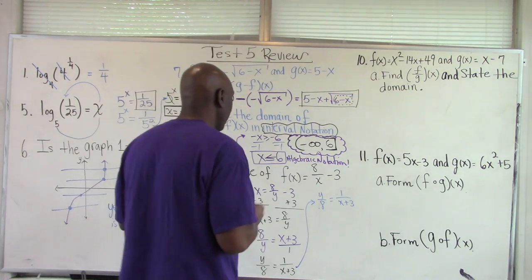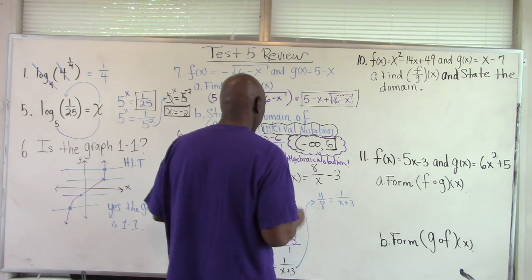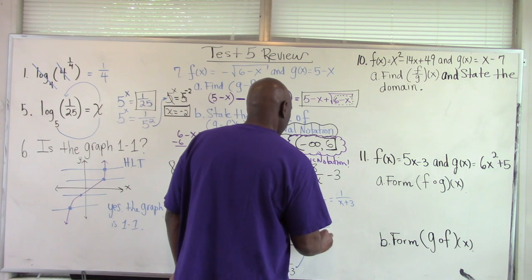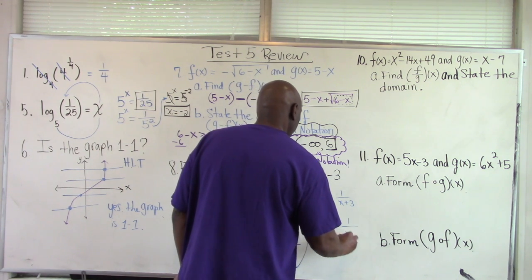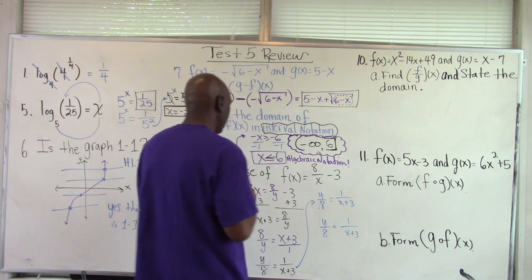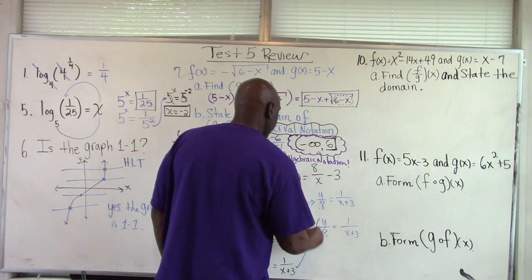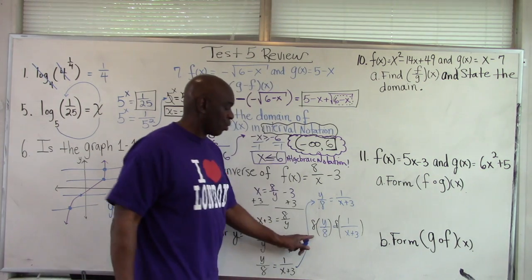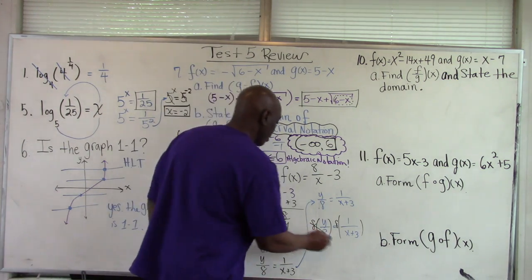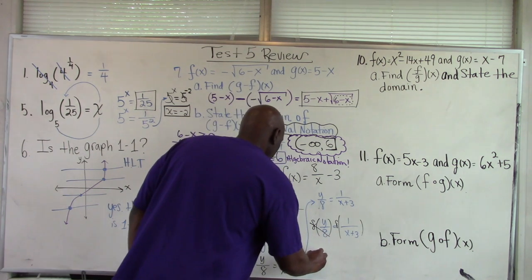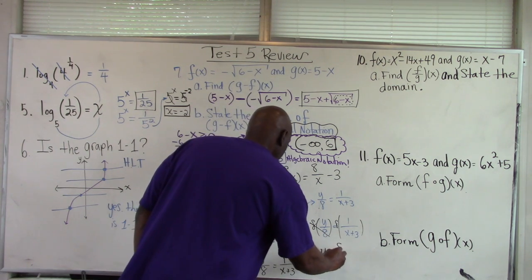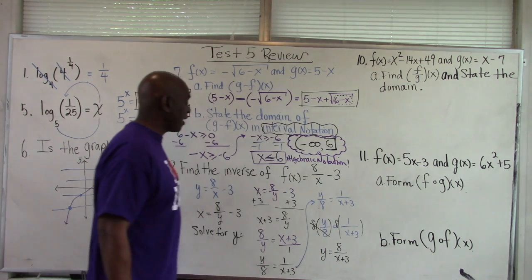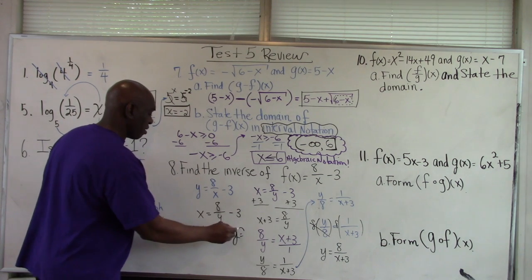So if I have y over 8 equals 1 over x plus 3, if I multiply both sides by 8, because that's what holds up our fraction here, it cancels out. So I have y now equals 8 over x plus 3. And that's what I have done. I have solved it for y.